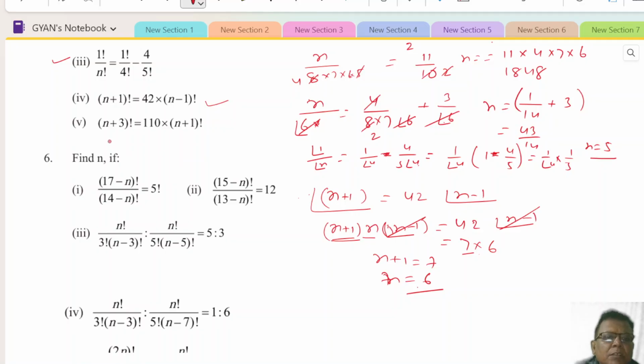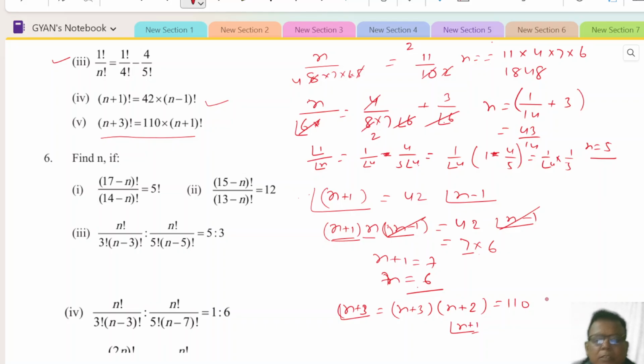Now come to this one. So n plus 3 factorial divided by n plus 1 factorial, n plus 3 can be written as n plus 3 into n plus 2, is equal to 11 into 10 into factorial n plus 1.